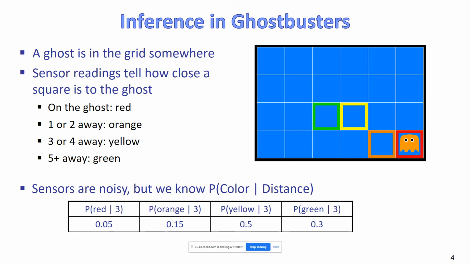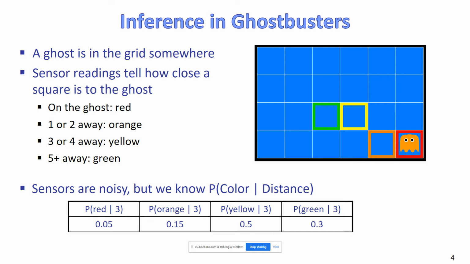You notice that I use the word most likely, and that's because we don't really know, and because the values of the sensors are noisy. There is uncertainty in the actual reading that we get. So for example, if we are 3 cells away from the ghost, we might get red with 5% probability, orange with 15% probability, yellow with 50% probability, and green with 30% probability.